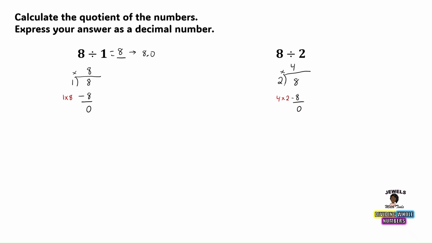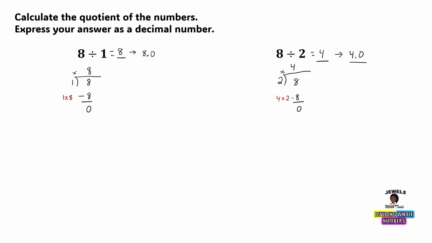So for this question, again, we have a whole number answer of 4, but we can still write 4 in its decimal form of 4 and 0 tenths. So that's our whole number in its decimal form.